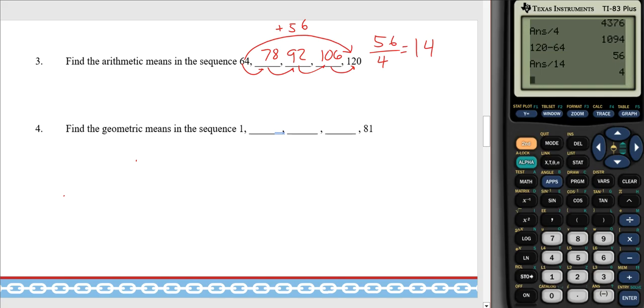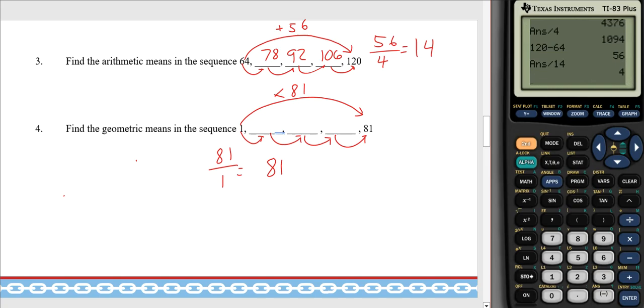For the geometric means, we have to think about multiplication. What number times 1 is 81, or I can do last term divided by first term. So this has a big jump of multiply by 81. I need to partition this up, and notice I did not use the word divide, because I am not going to divide like I did in number 3.